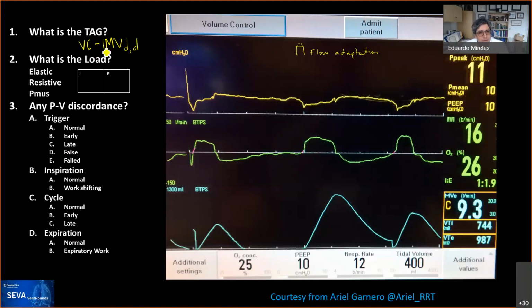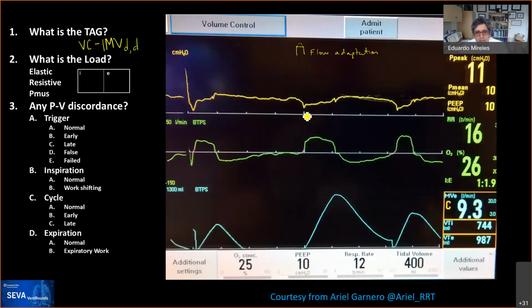I'll get to it right now. So in essence, we have set a tidal volume, and when you set the tidal volume, the ventilator is essentially telling the patient what to get. In normal passive conditions, the patient would get a square waveform or a descending ramp, depending on what you set, but it would get a square waveform. And the patient would get that flow for that amount of inspiratory time.